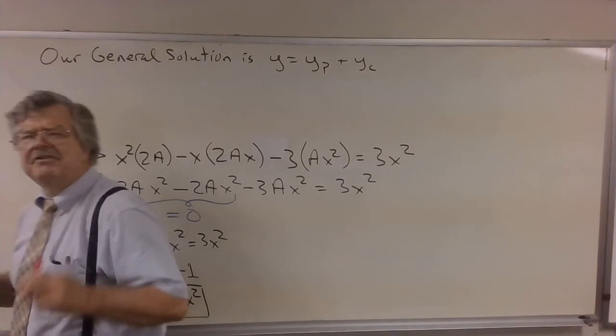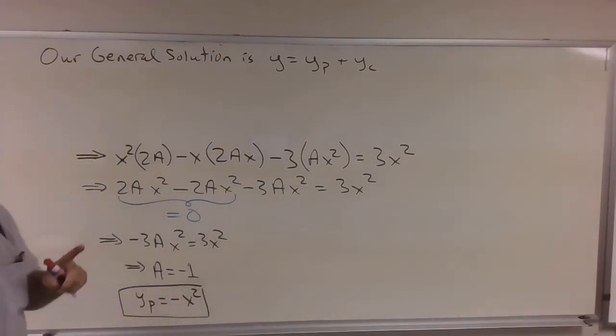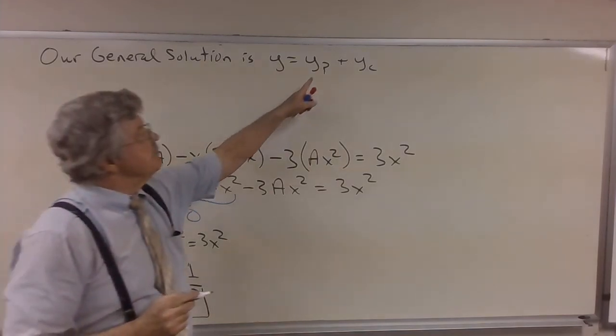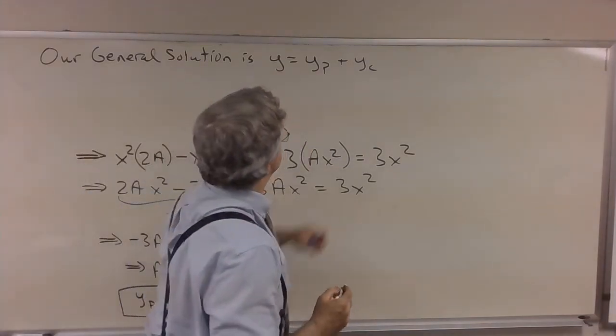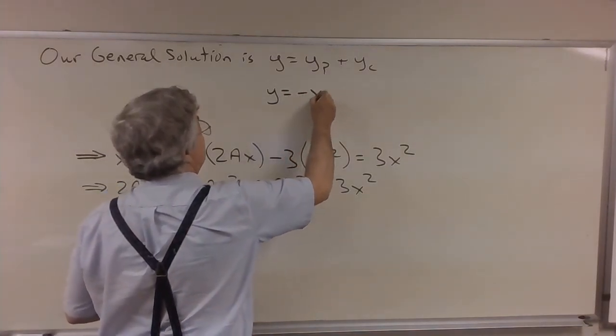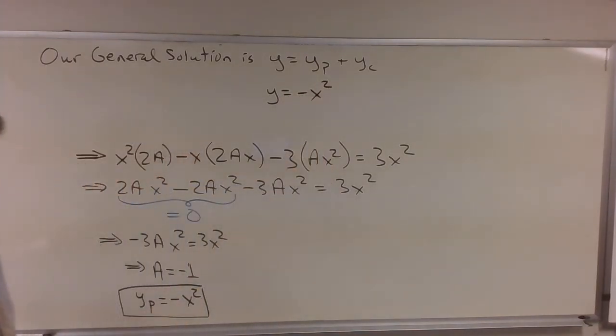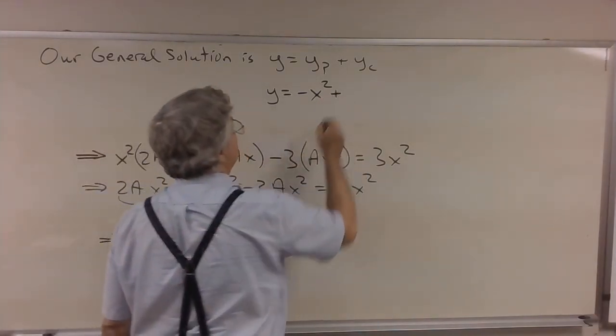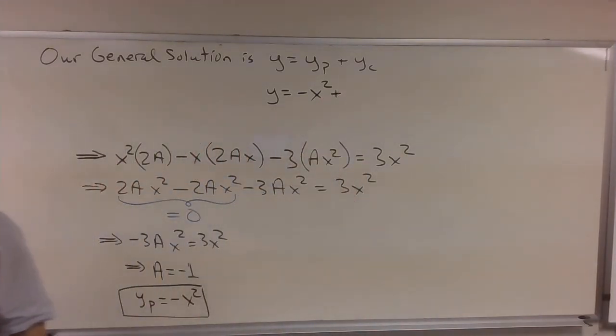And again, to get the general solution, we take the particular and complementary solutions and just add them together. Heavens to Betsy, what was our complementary solution?